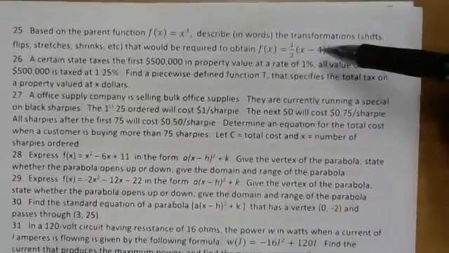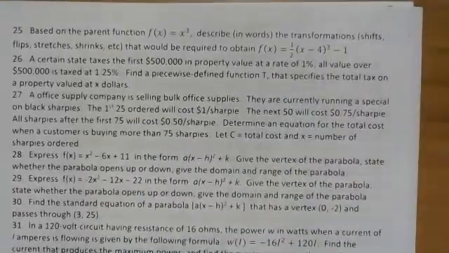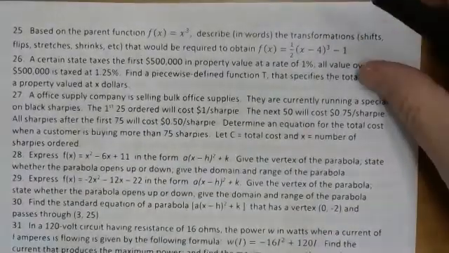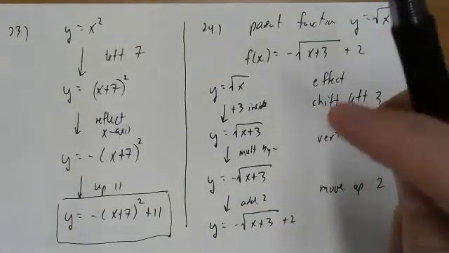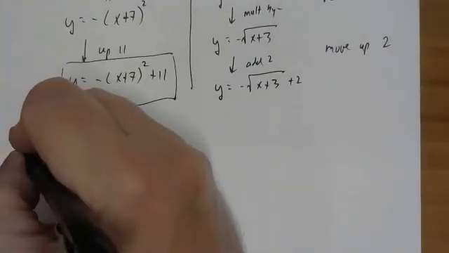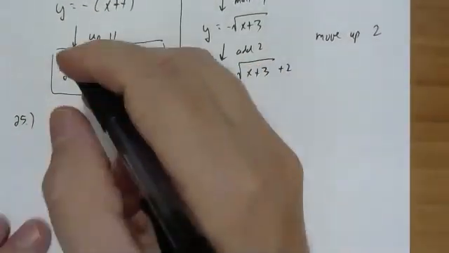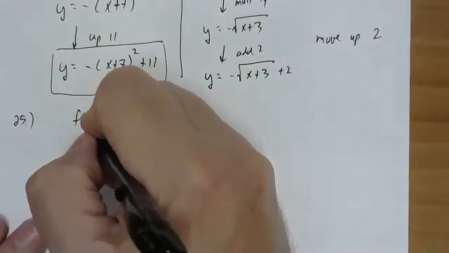So 25, I guess, is another one. There's the parent function, and there's what you finally want. So let's do the same thing and see what would be required to get that. I'm just going to start with the parent function.